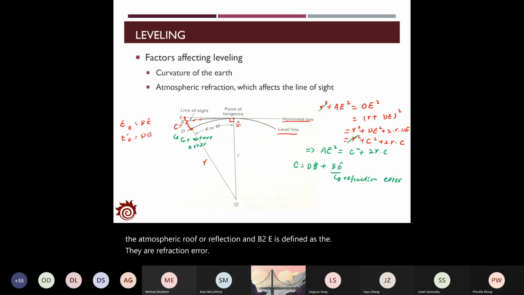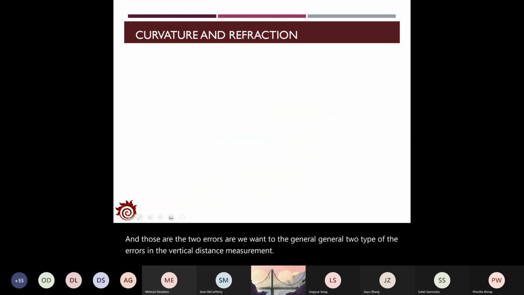And those are the two types of errors in the vertical distance measurement. Then let's go see more details.